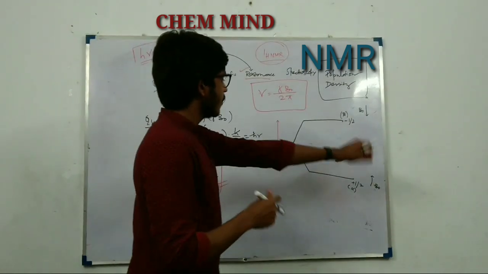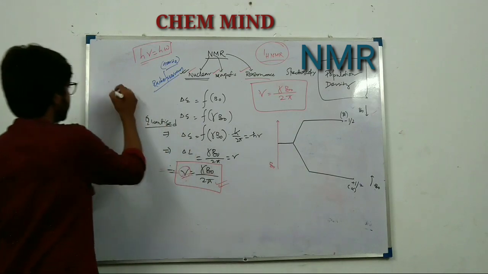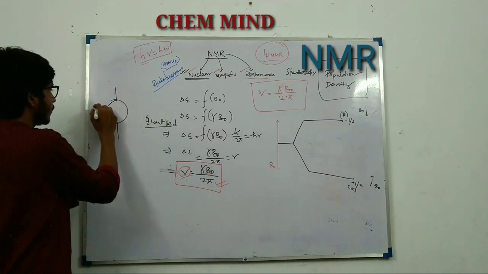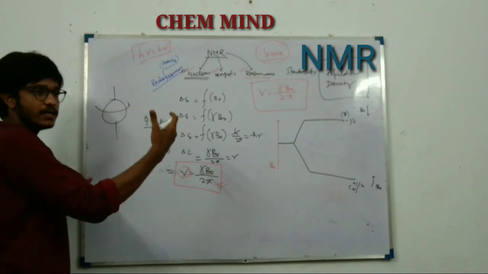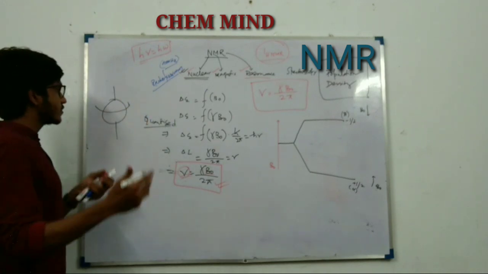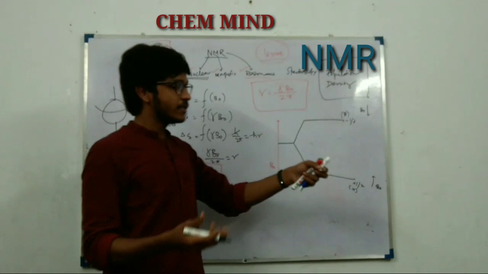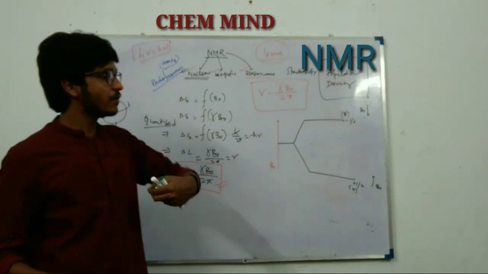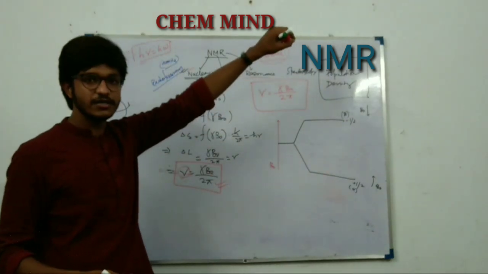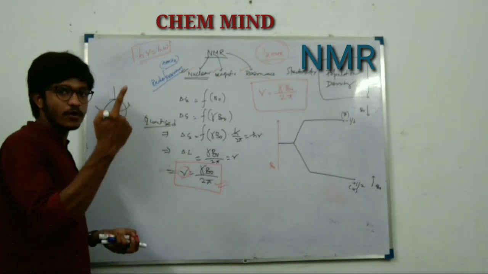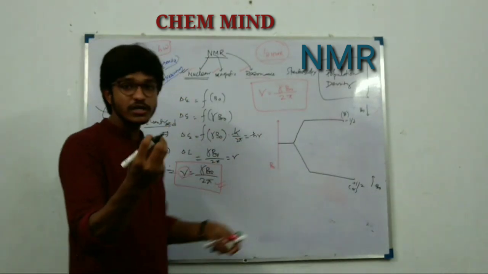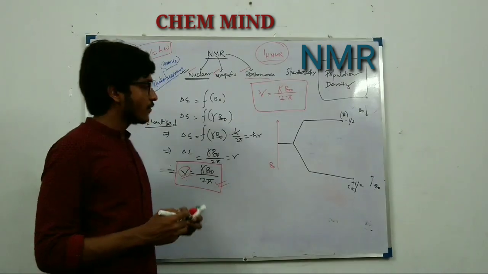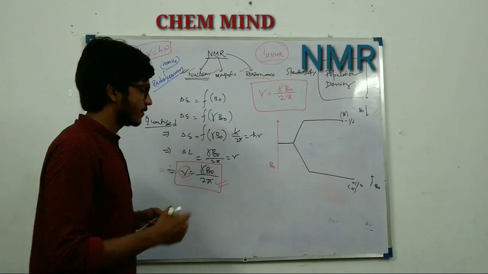As I draw the structure of one nucleus, that is not what happens in the real NMR instrument, because if you put an ethanol sample, there are crores of ethanol molecules. It is not possible for one ethanol molecule or one hydrogen nucleus to be analyzed by the NMR instrument.